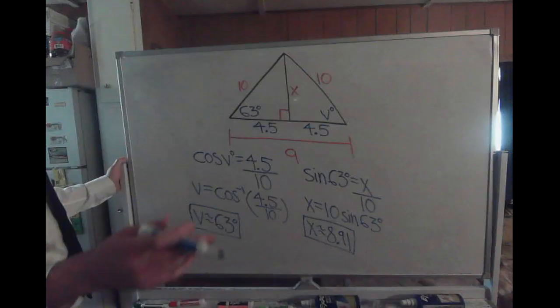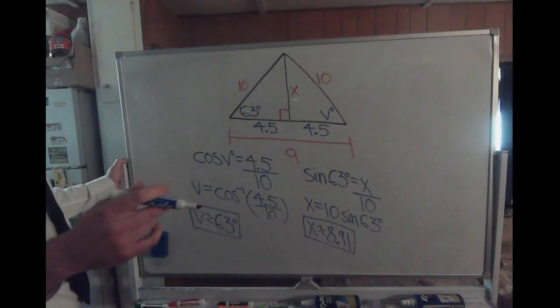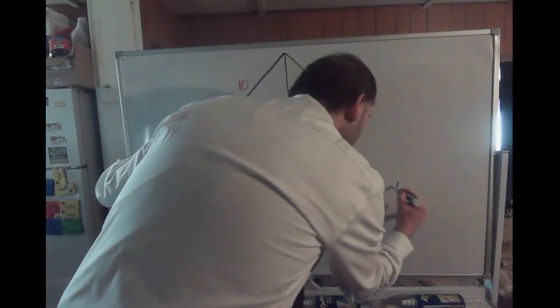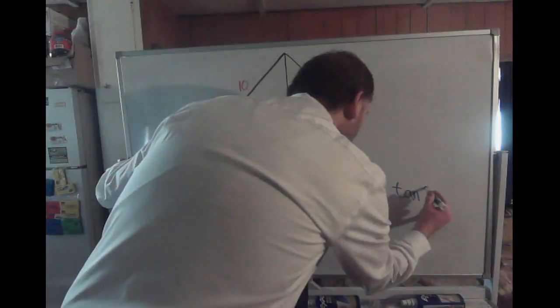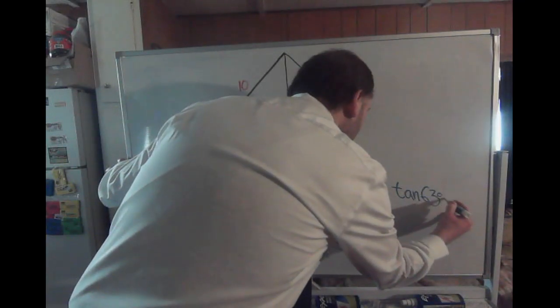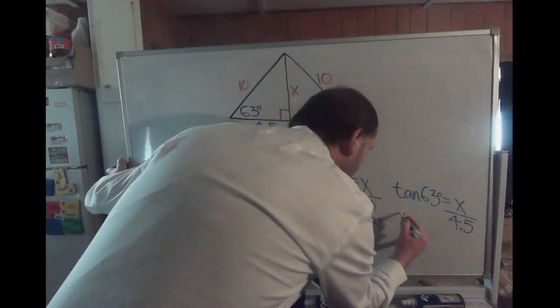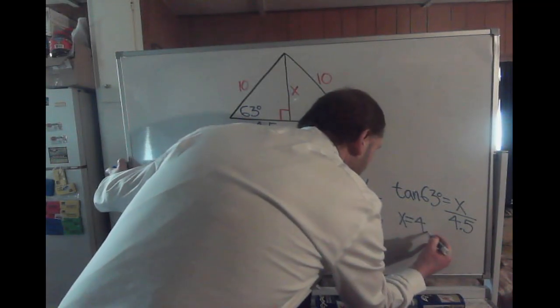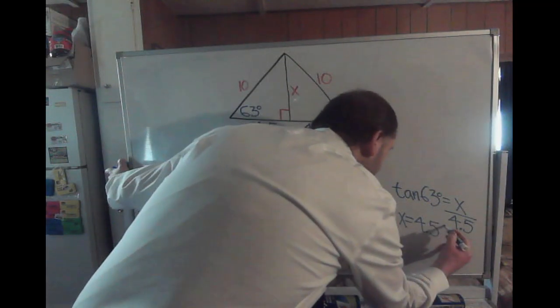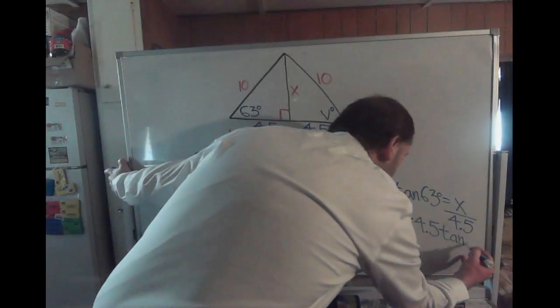Now let's say we went the tangent route. If we did the tangent of 63 degrees, that'd be equal to the opposite leg of x over the adjacent leg of 4.5, which would have to mean that x is equal to 4.5 times the tangent of 63 degrees.